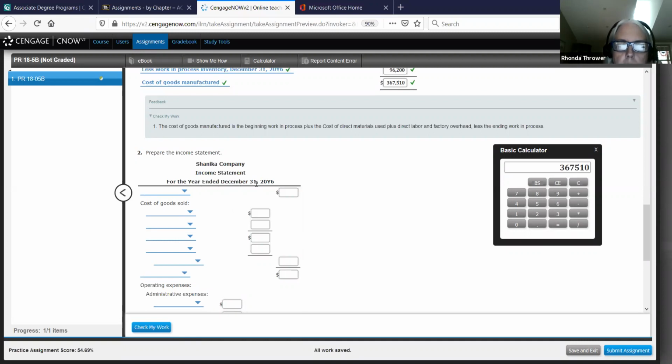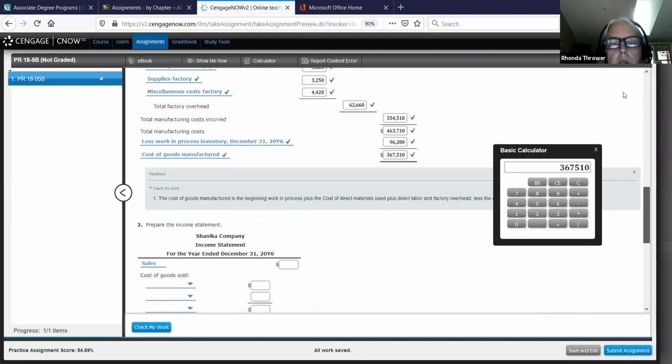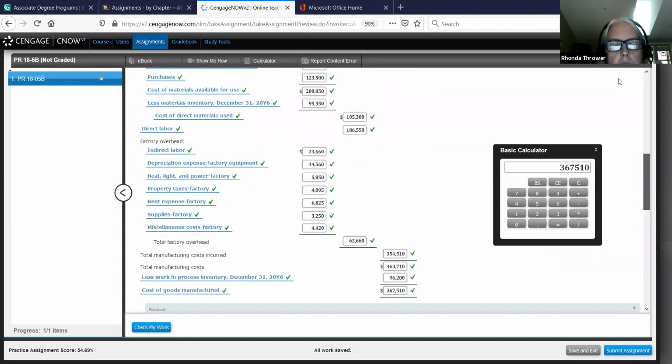The income statement too is for a period of time. It's from the beginning to the end of the period that we're going to measure to see what our profits or our losses might be for this period of time. When you do an income statement, you always start with your revenue. In this case, our revenue account is our sales account. So I'm going to look at the information that they gave us.